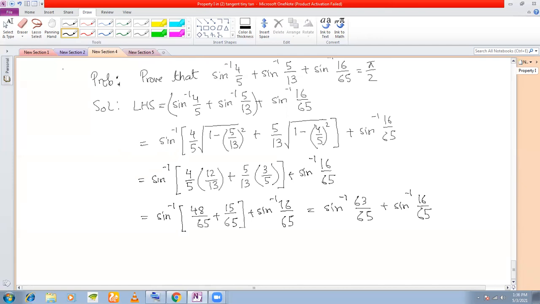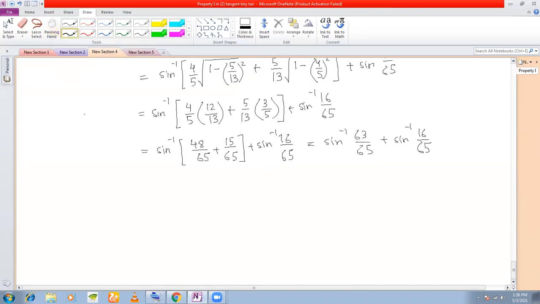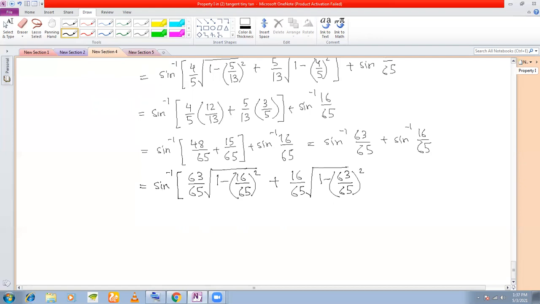Now you combine these two sine inverses by the sine inverse x plus sine inverse y formula into a single sine inverse. You get 63 by 65 root 1 minus 16 by 65 square, plus 16 by 65 root 1 minus 63 by 65 square.